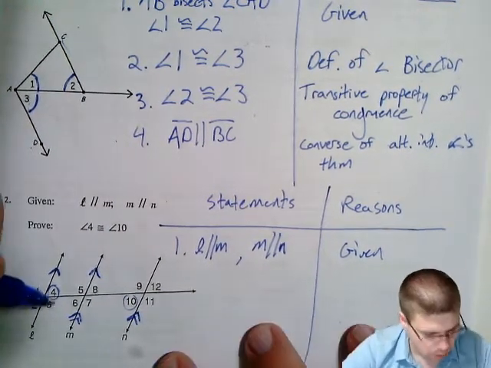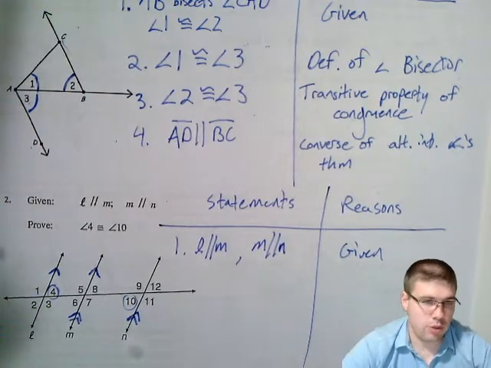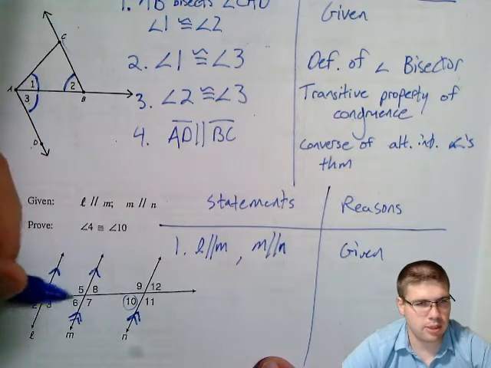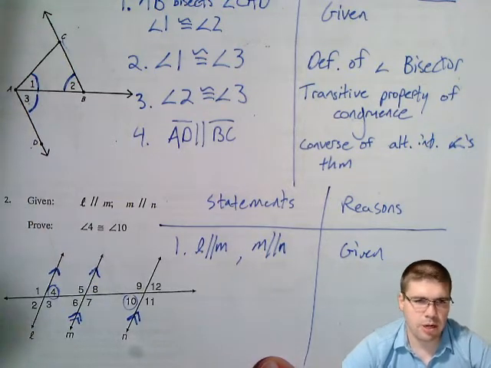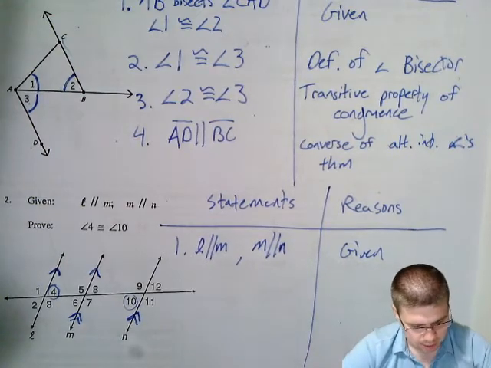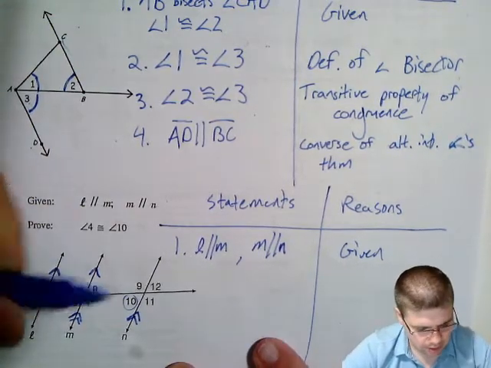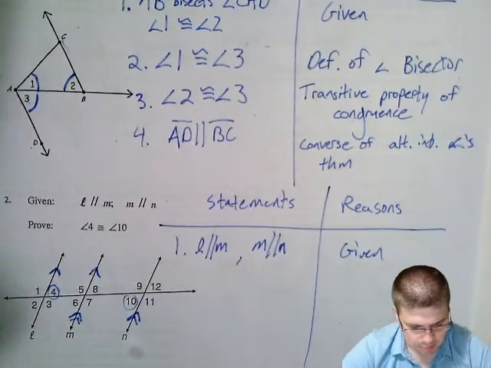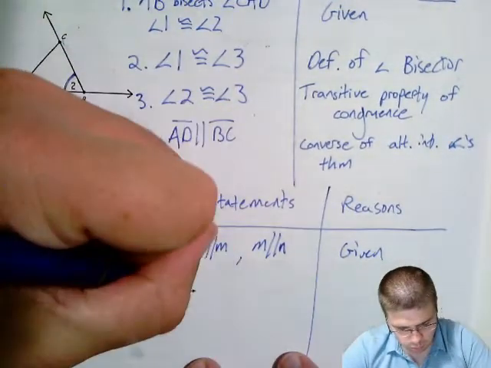You could also do it with the 6. I could say 4 is congruent to 6 with alternate interior, and then those 2 are corresponding. So 6 and 8 are actually the easiest 2 to do this with. There are other ways with more steps, but we'll move on this way.